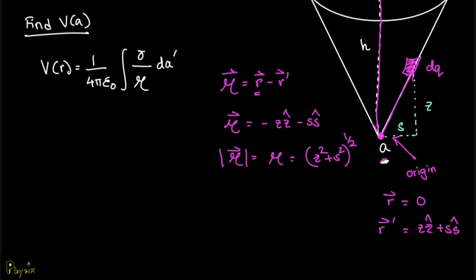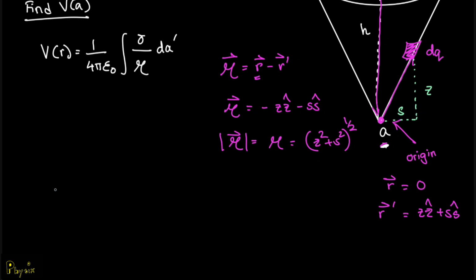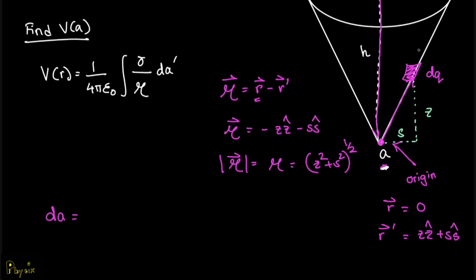So let's think about what dA really is. dA is the radially outward curve over here, which is basically s d phi or s d theta.